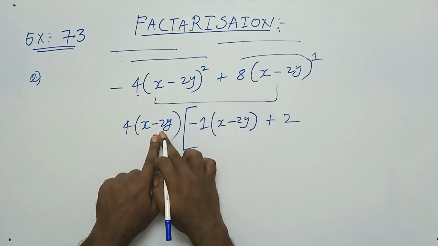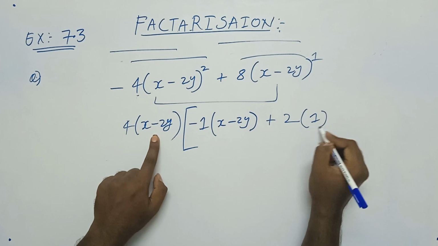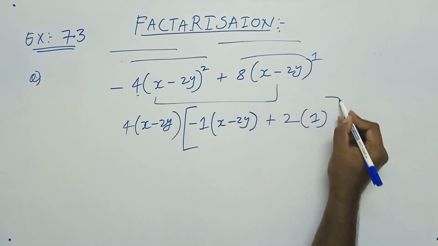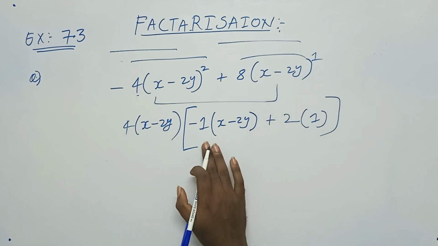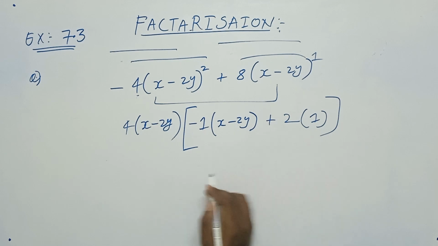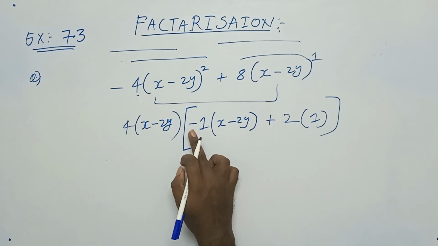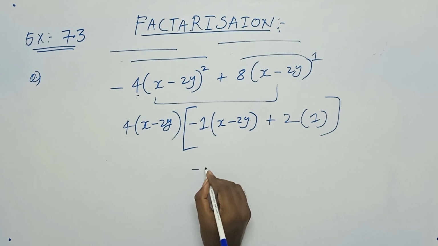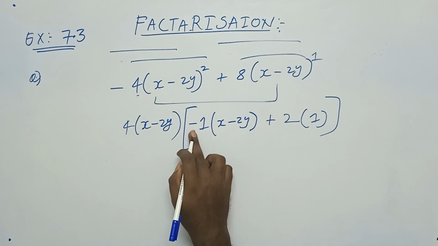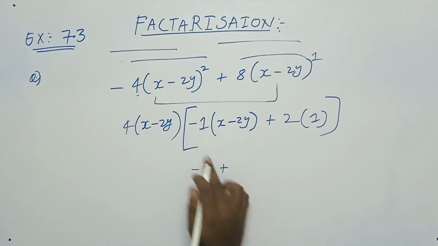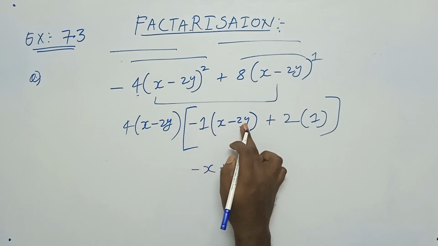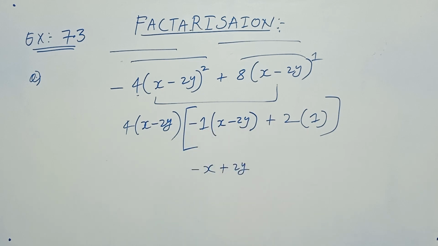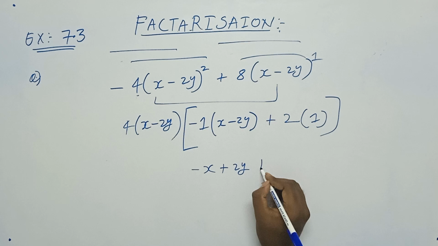Next, x minus 2y times 1 is x minus 2y. Now we are going to solve the values inside the bracket, right? Here you have minus 1 times x is minus x. Minus into minus is plus, so 1 times 2y is 2y.